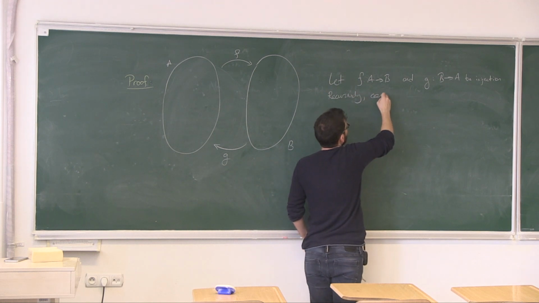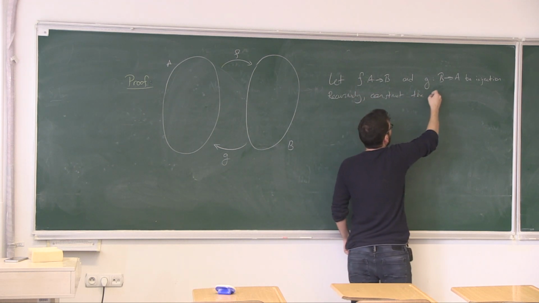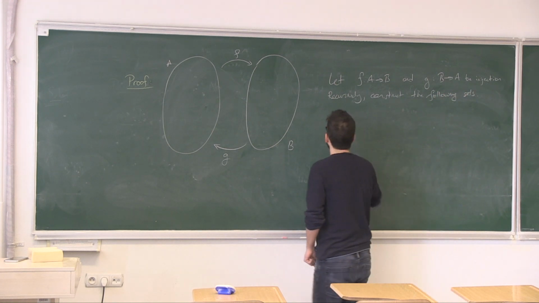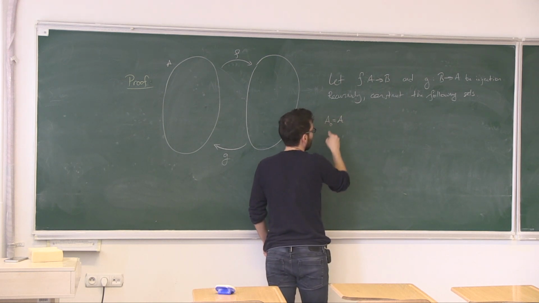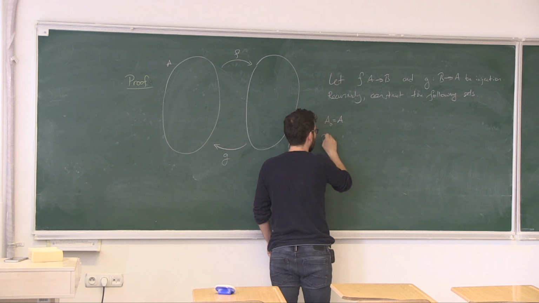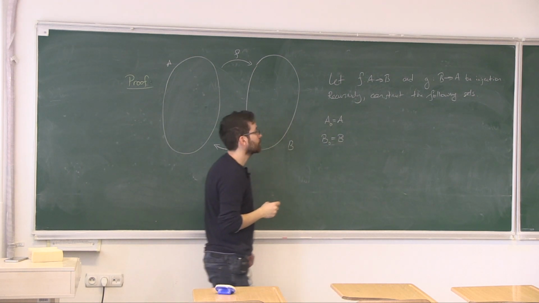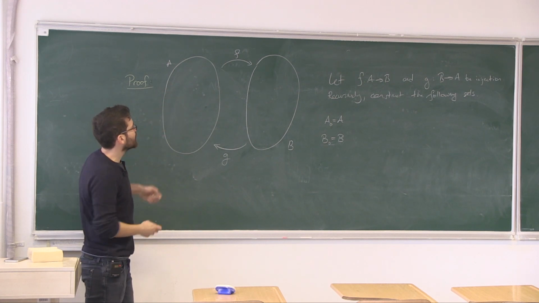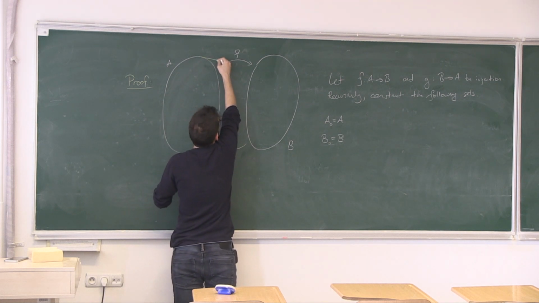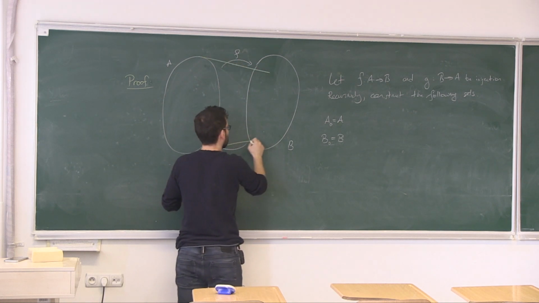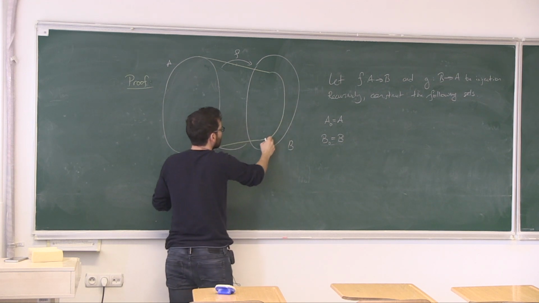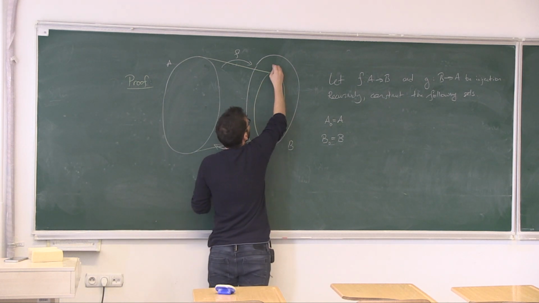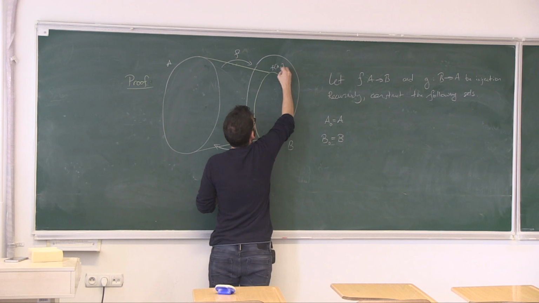Recursively construct the following sets. I'm going to have A0, and it's going to be equal to A. I'm going to have B0, and it's going to be B. Now, what I'm going to do is I'm going to apply F to A0. So this is F of A0.